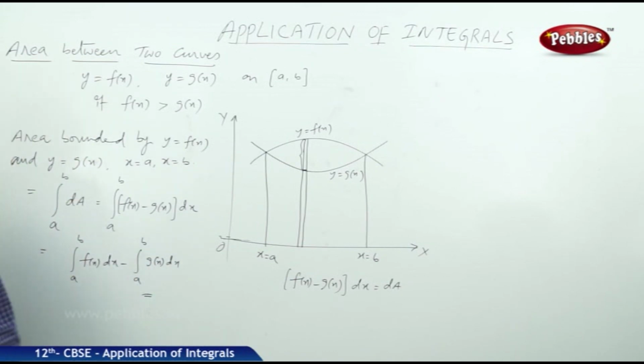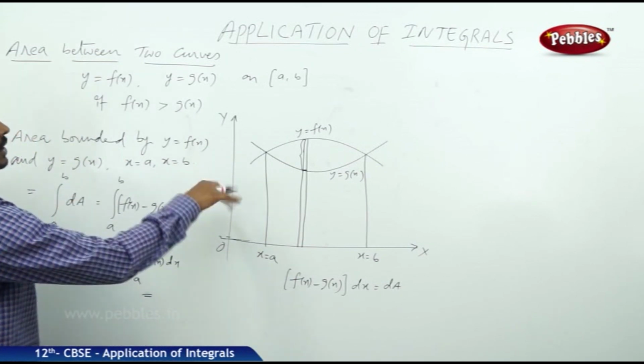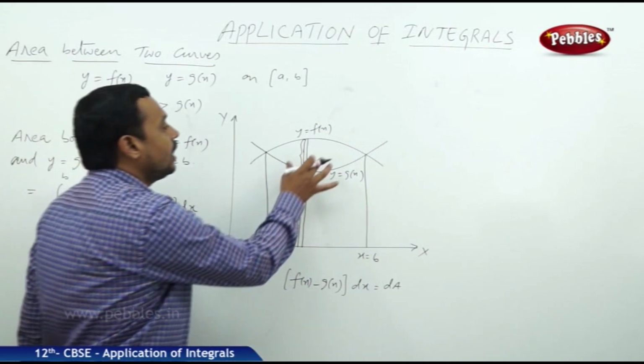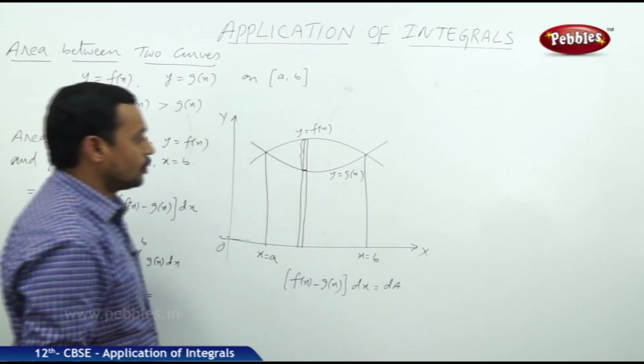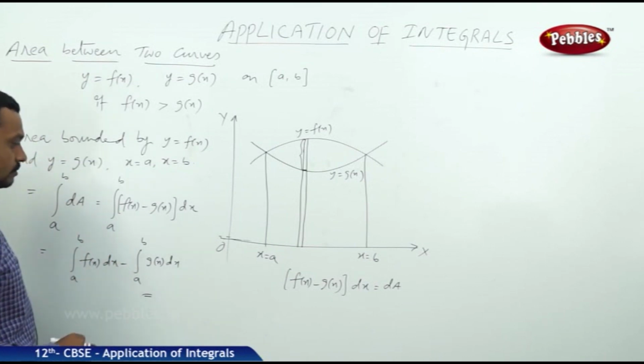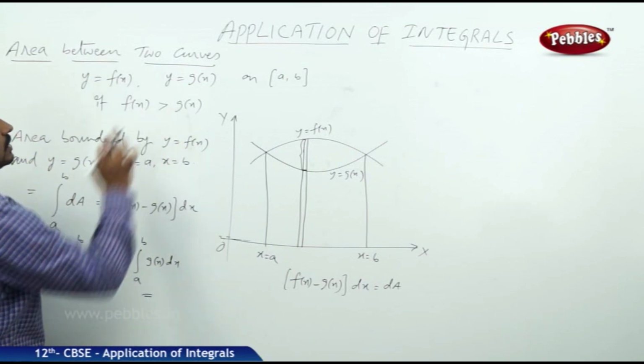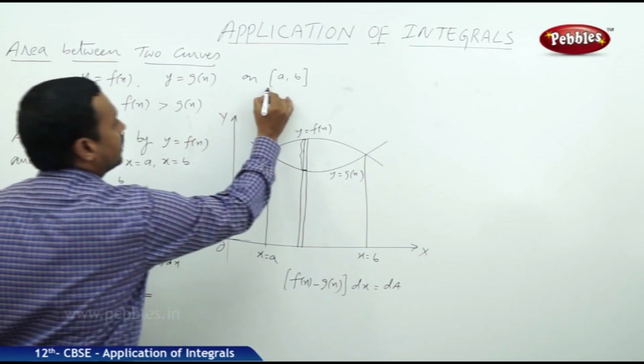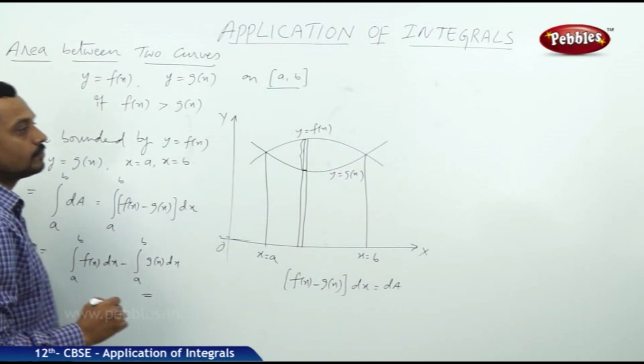So by using this concept, we can determine the area between the two curves, if f of x is greater than g of x on this particular interval a to b.